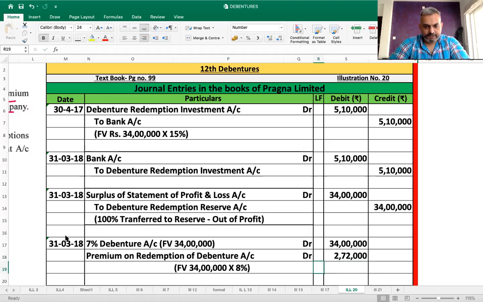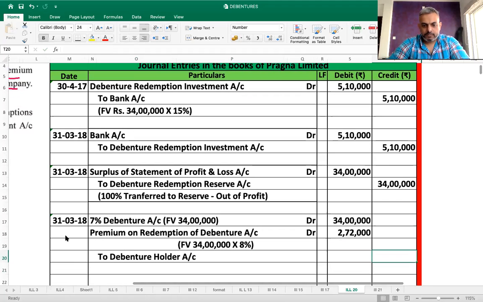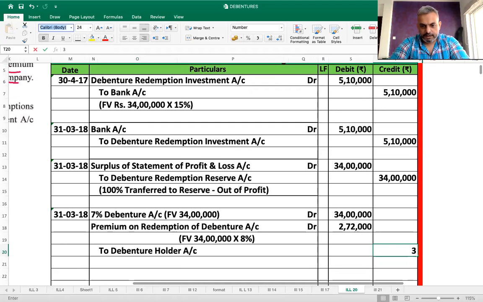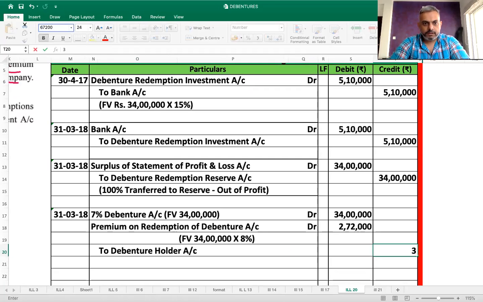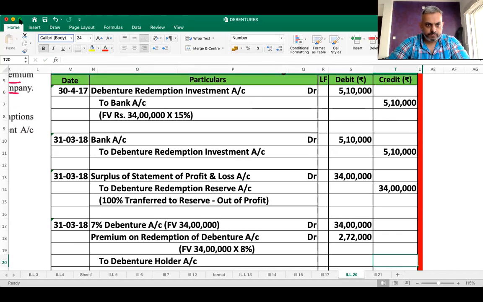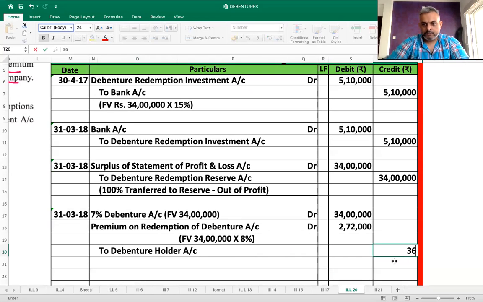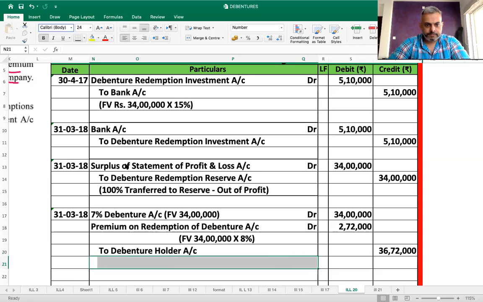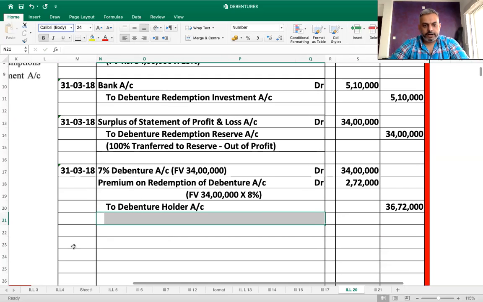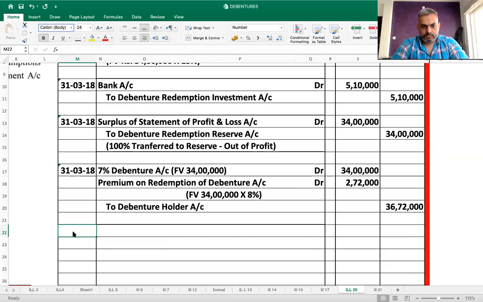It comes to 2,72,000, to debenture holder account 36,72,000. Close it. Important entry now.